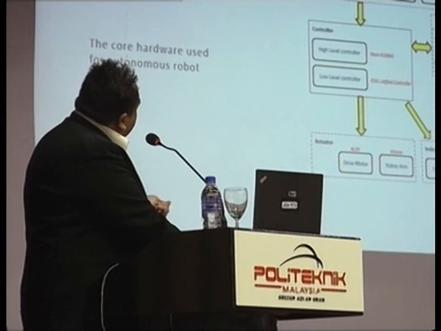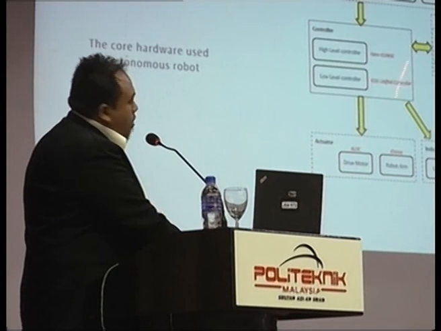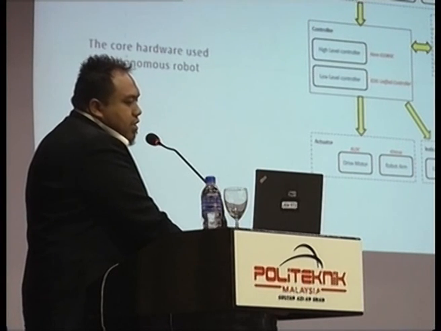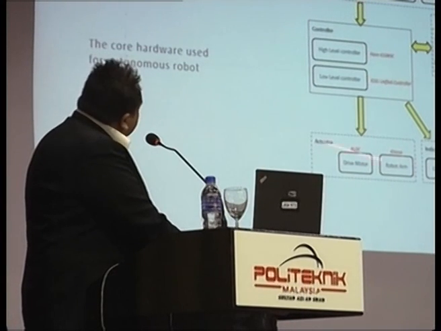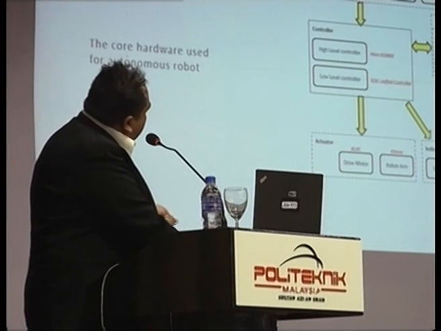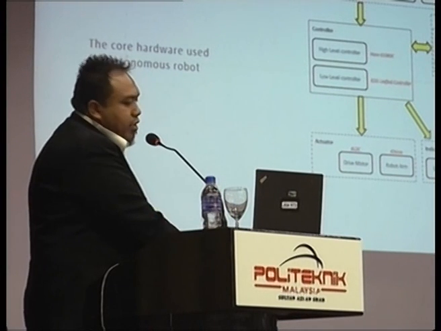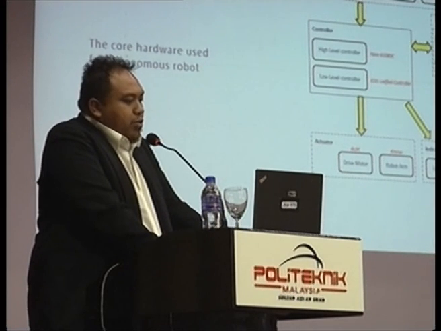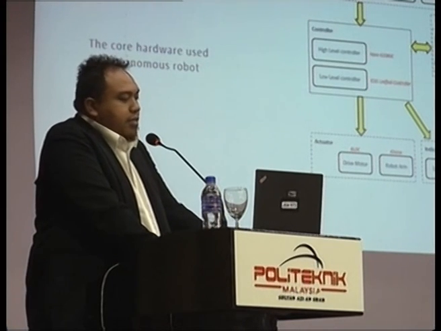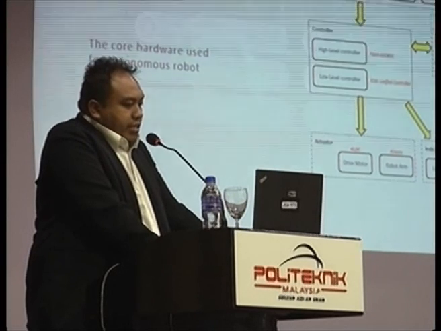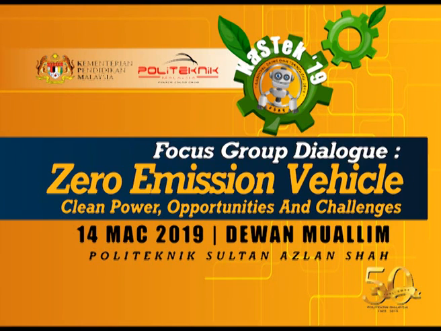But this is the sensor part that helps the vehicle to move autonomously, and the controller part, the electronics part, and the cloud part, so that we can control it online. So we don't need to be there to control and to maintain the vehicle. Everything is done online. And yeah, that's all.